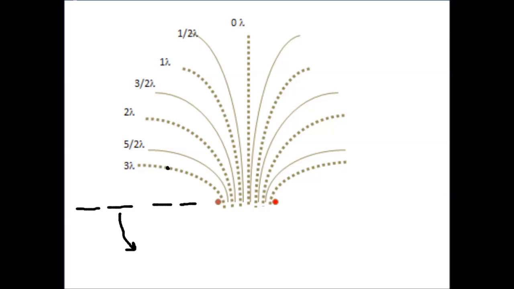Well, suppose those two sources were more than 3 wavelengths apart. Then we could get a path difference that would go more than 3 wavelengths. So we could continue to get greater path difference than we have here.